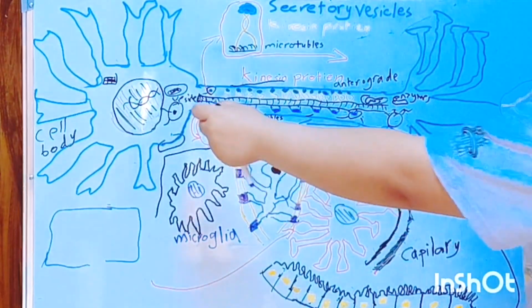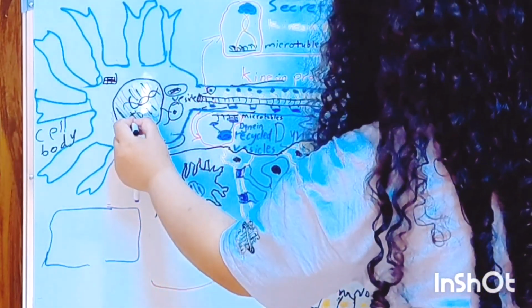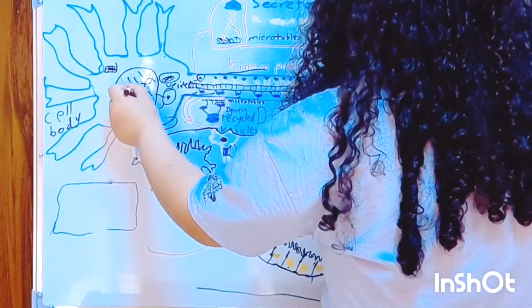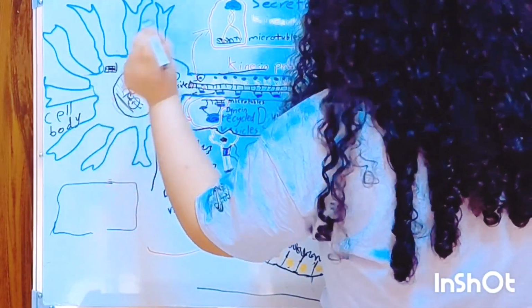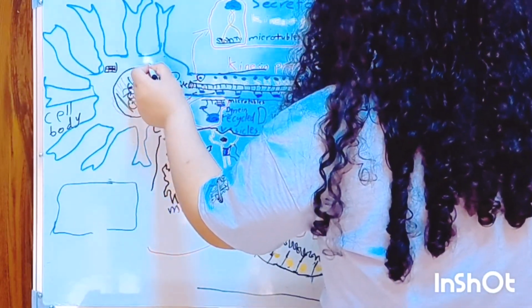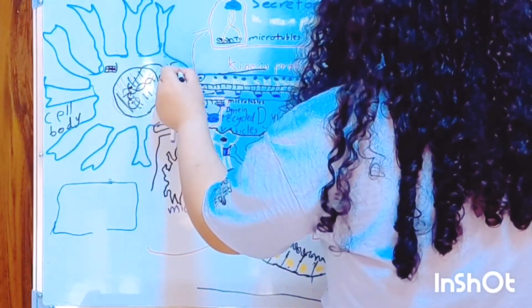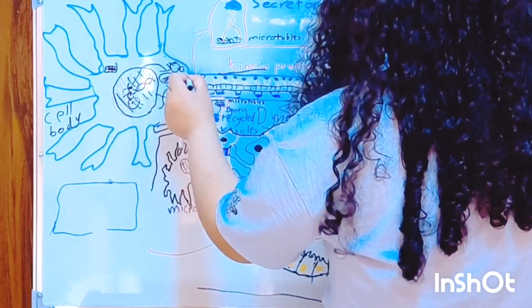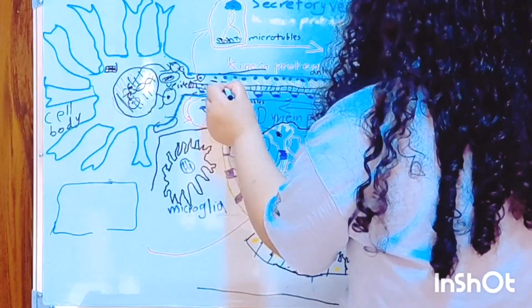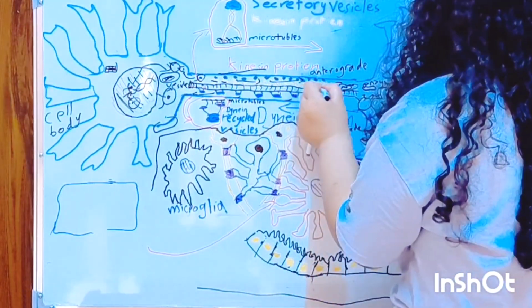So they will enter the nucleus, and then the virus will just play in the nucleus, then it will form itself again and it will reproduce, and it will come back in such a way anterogradely.